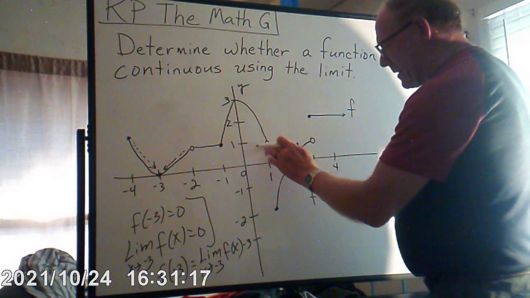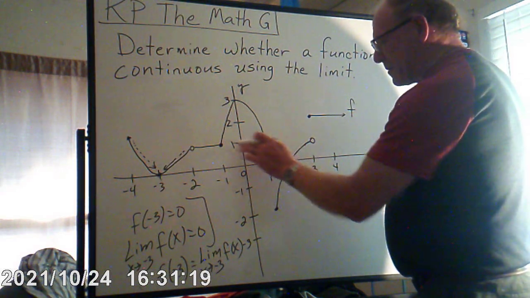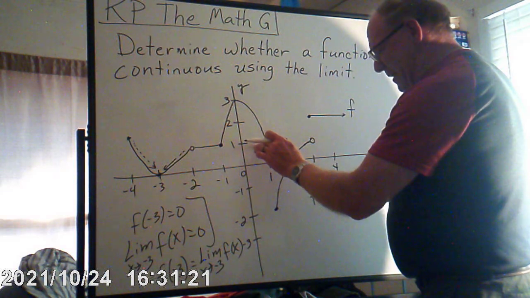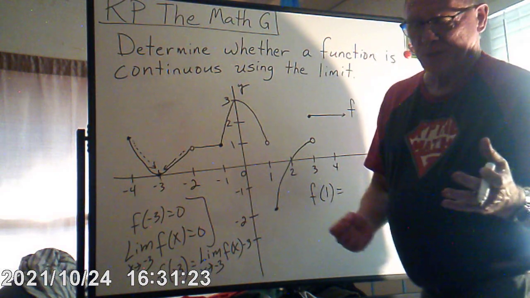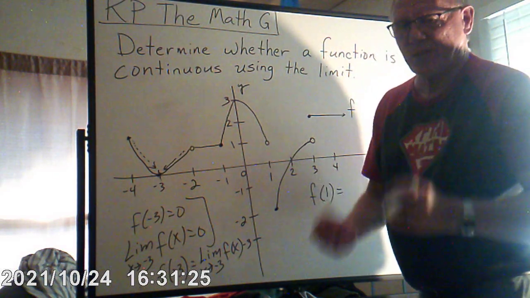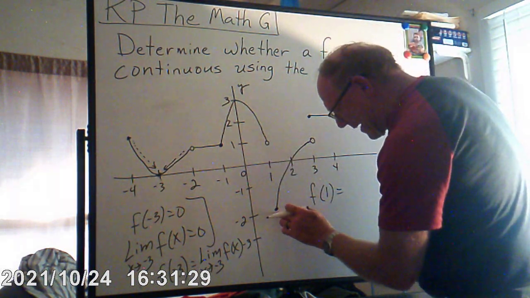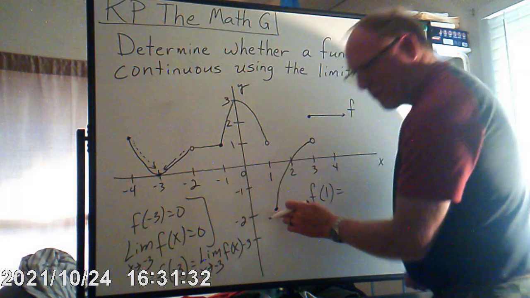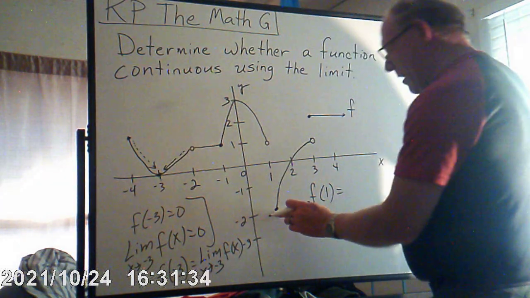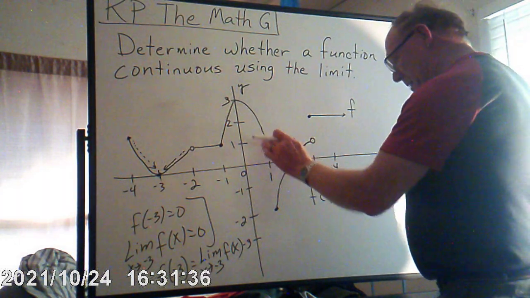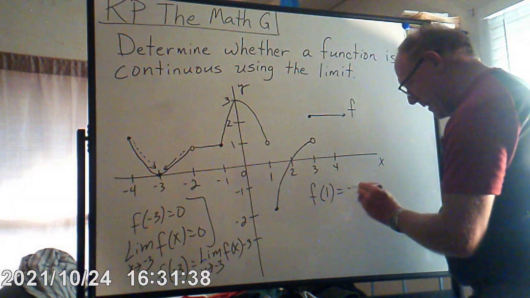Remember, this has an open circle at y equals 1. And so that being true, we're looking for the solid circle. And the only one that has a solid circle is at y equals -2. So f at 1 is not 1, but it is -2.